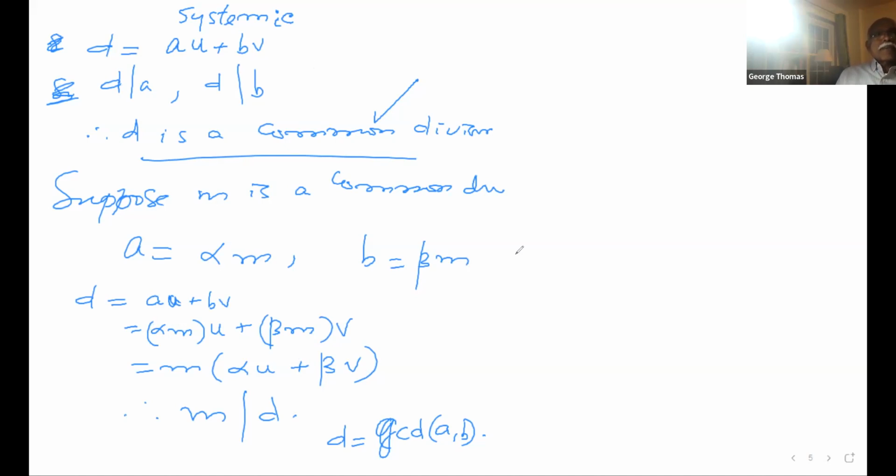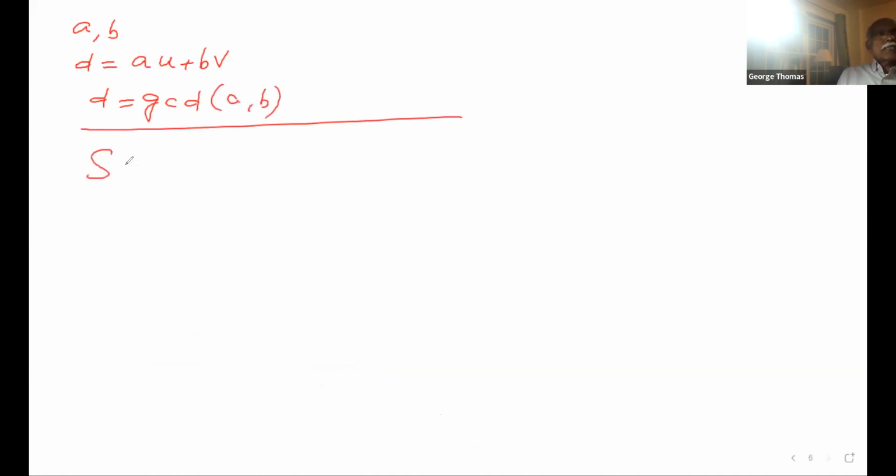You are given A and B, not both 0, then you can find that D is equal to some AU plus some BV, and D is the greatest common divisor of A and B. We proved that by starting with this AX plus BY, where AX plus BY is greater than 0.